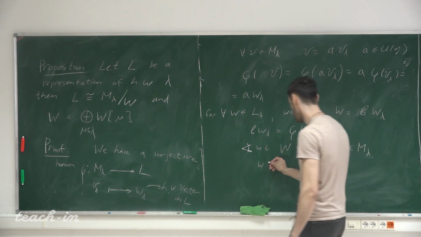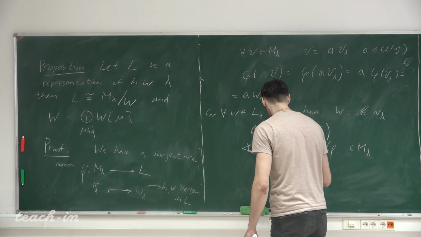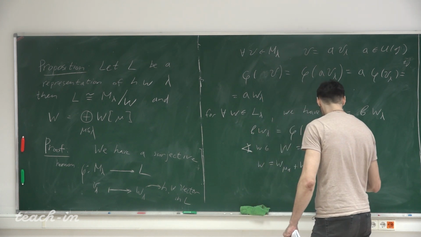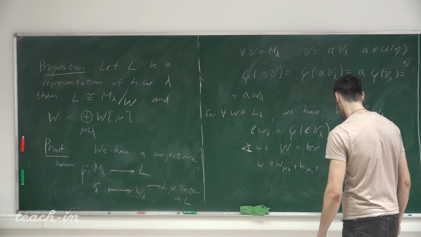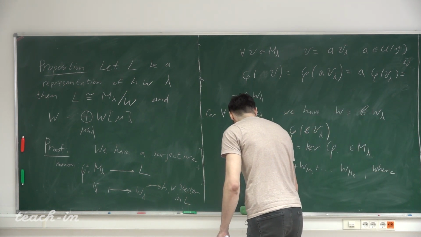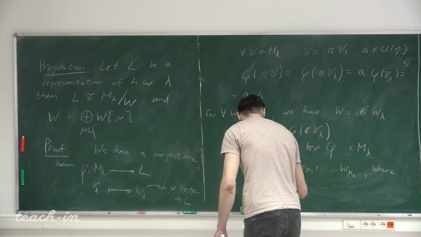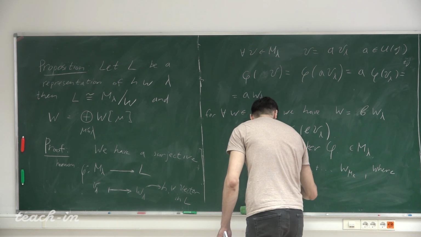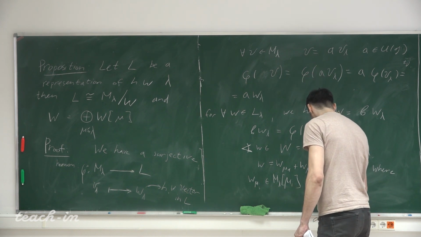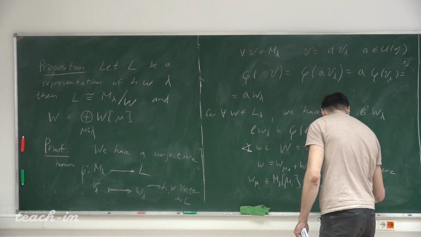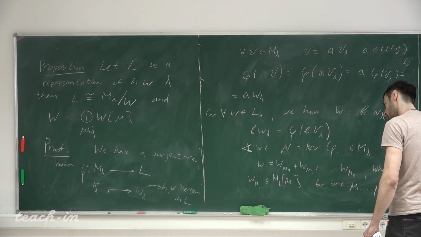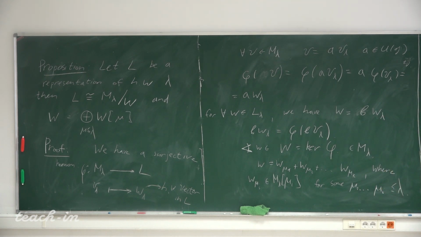So therefore, w decomposes as the sum of weight vectors, where w mu i is inside M lambda of mu i, for some mu 1 through mu k, and they're less or equal than lambda, right?